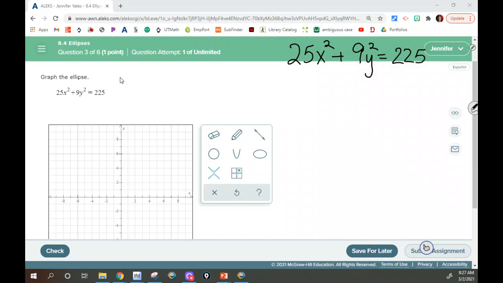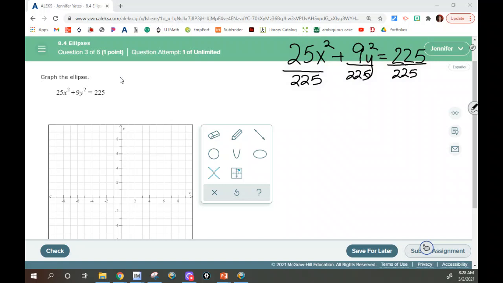I want you to look at your journal. What does an ellipse always equal? 1. What do I have over here? A 225. What do I have to have there? A 1. So what would it make sense to divide by? 225. So if I divide by 225, now I've got to reduce those fractions.